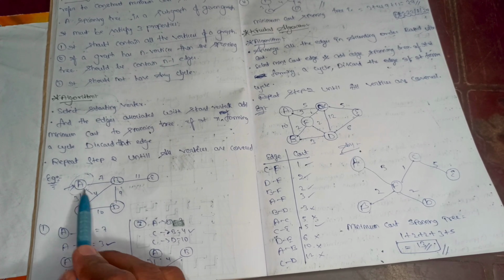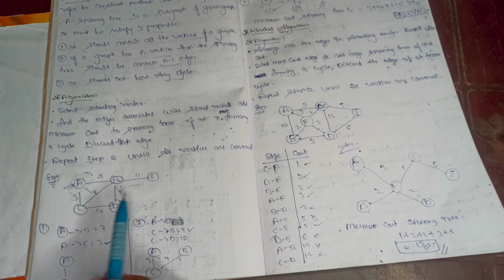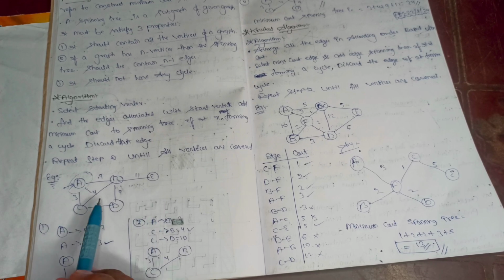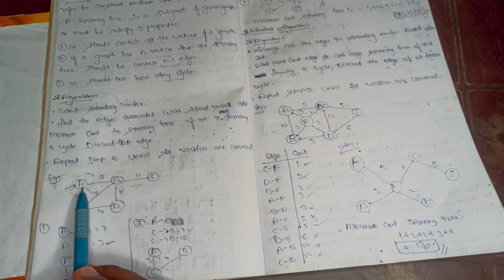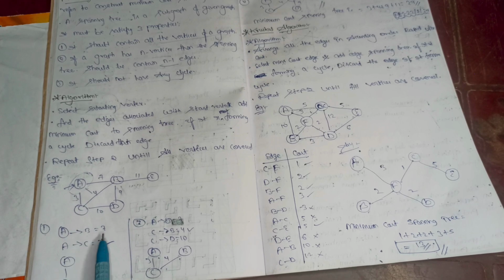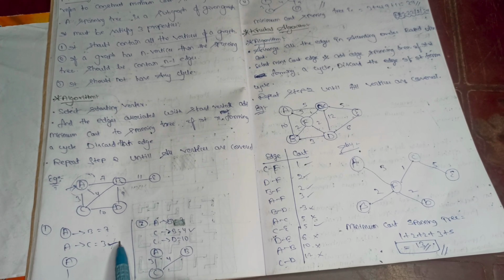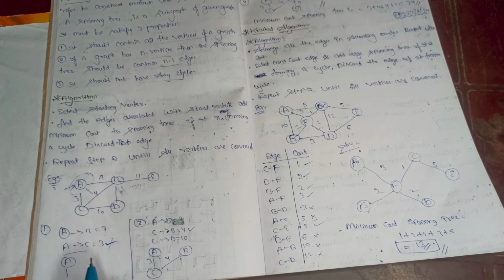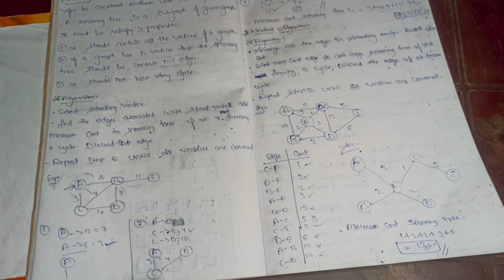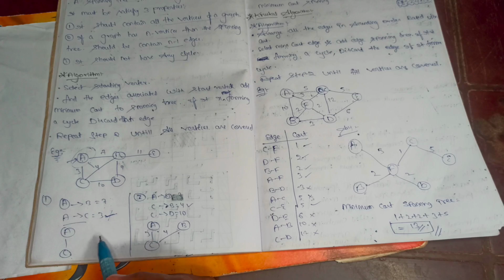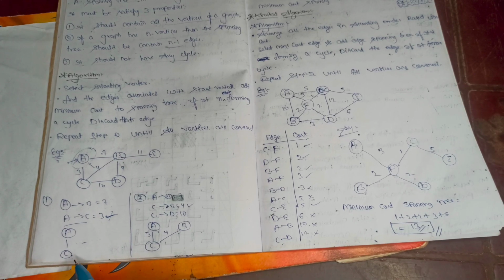From a, we will see the joining vertices along with their weights. From a we have a to b and a to c. A to b is 7, a to c is 3. In these two, the minimum value is 3, which is a to c. So first we will join a to c here.